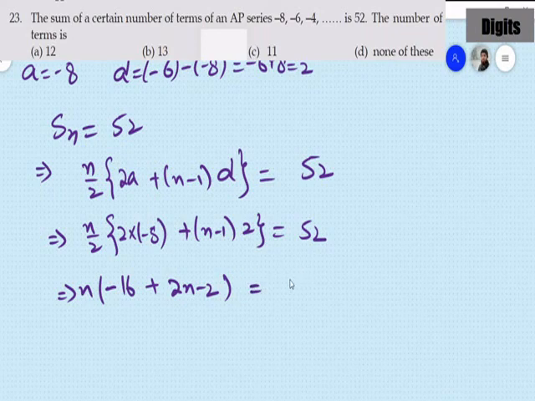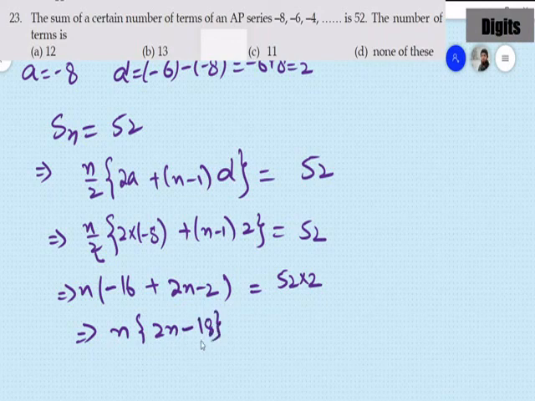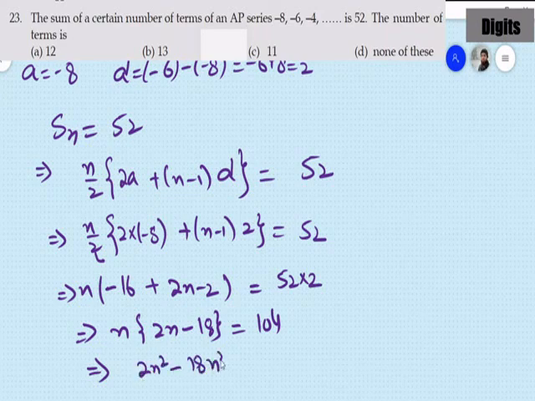Because this 2 I have transferred it here, so it will be equal to n into 2n minus 18 equal to 104. So it will be equal to 2n square minus 18n, and it will be equal to 104. So I have transferred it here. It will be minus 104 equal to 0.